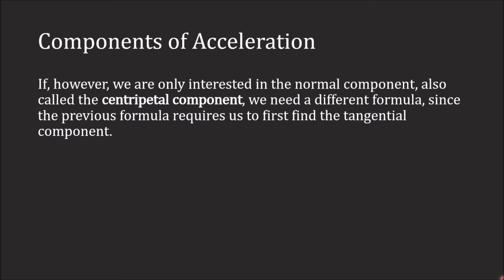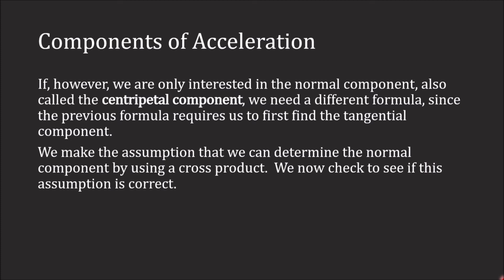Now, remember that the tangential component was velocity dotted with acceleration, all over speed. So it would seem natural to say that the normal component would involve a cross product of velocity and acceleration. Let's now check to see if this is indeed accurate.